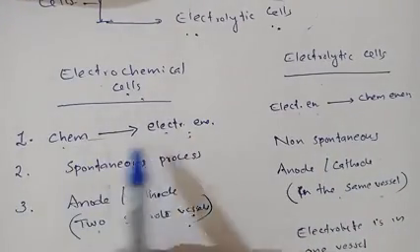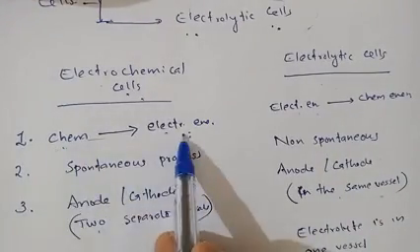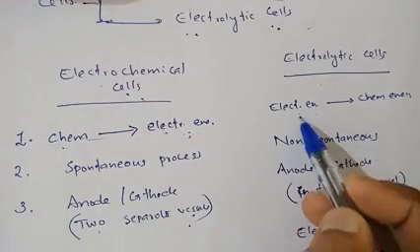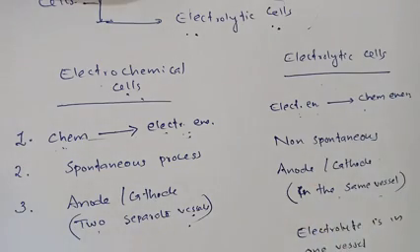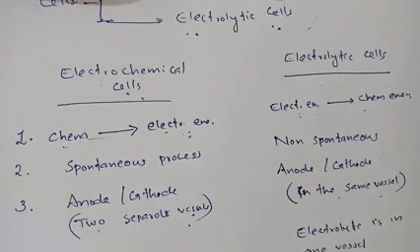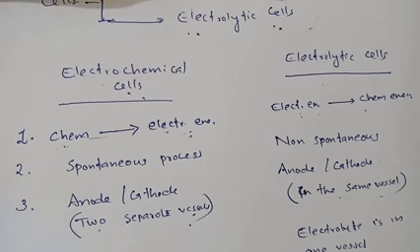The first difference is very important: chemical energy is converted into electrical energy, and electrical energy is converted into chemical energy. So you should know this difference first. Write this in your notebooks and we can move to the first section, electrochemical cells.